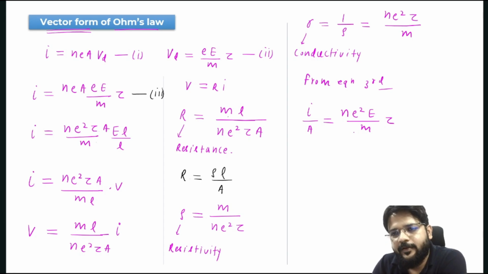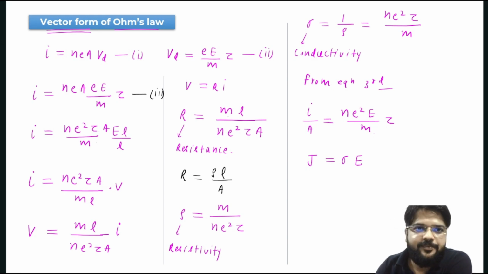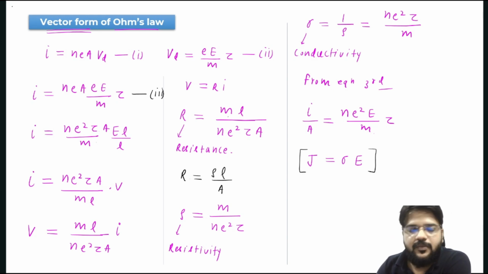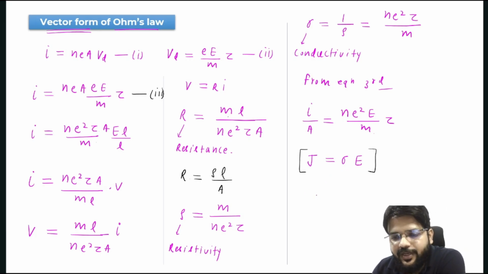Think it. And this I by A is what? It is the current density, J, correct? And ne square into tau by m is what? It is the conductivity. So J equal to sigma E we are getting. J equal to sigma E, correct?